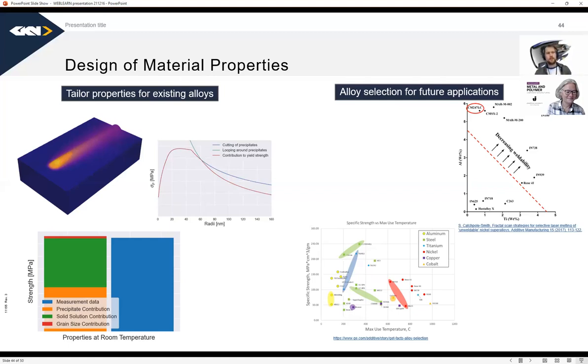Especially if we are increasing temperatures in the engine and our comfort alloys, as we call them, aren't thermally stable anymore, then we need to find new appropriate alloys, and we can't test every one of them. So we have to probe which alloys we think are the most promising ones and test those.